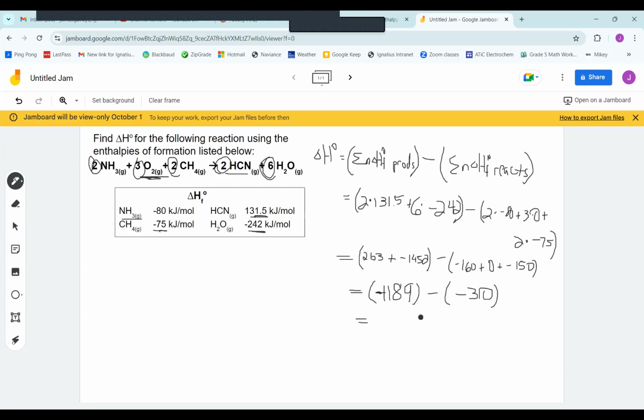And then lastly, we'll take what's in the first set of parentheses, -1,189 minus a -310. That really means add 310. And our final answer works out to be -879 kilojoules. It's a lot of work.